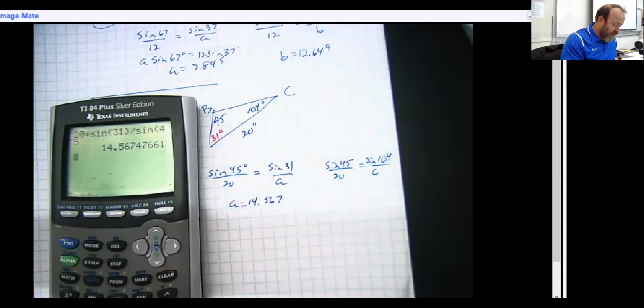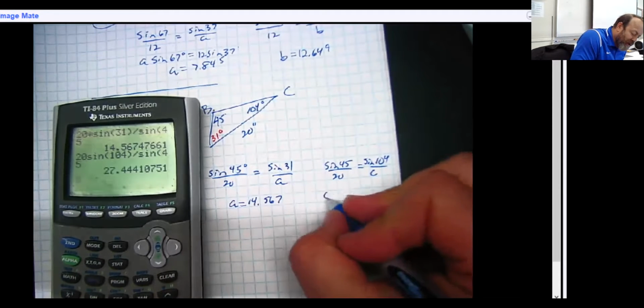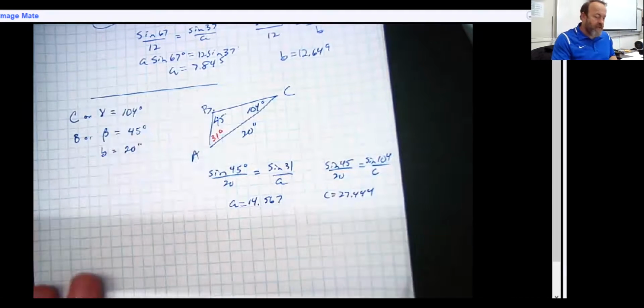And in a similar way, 20 times the sine of 104 divided by the sine of 45 tells me that little c right here is 27.444.